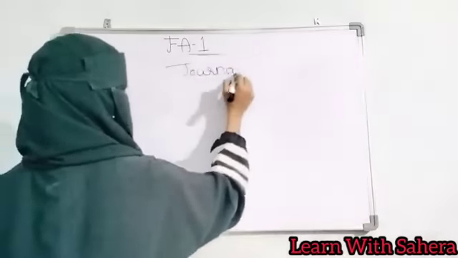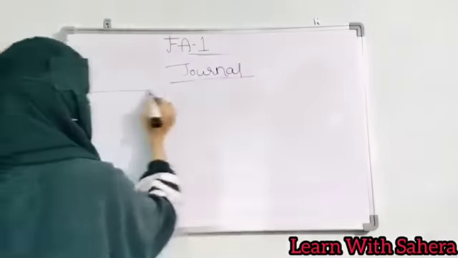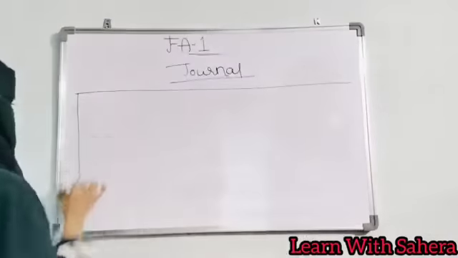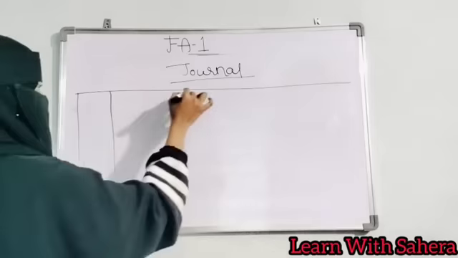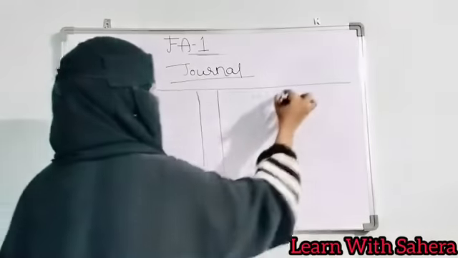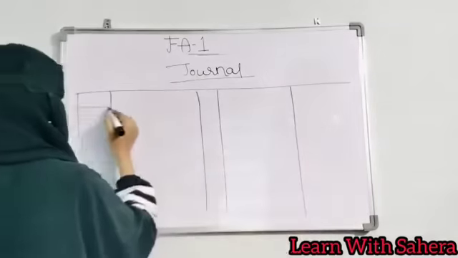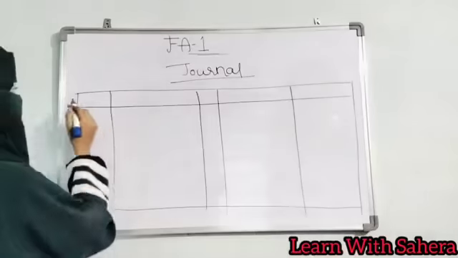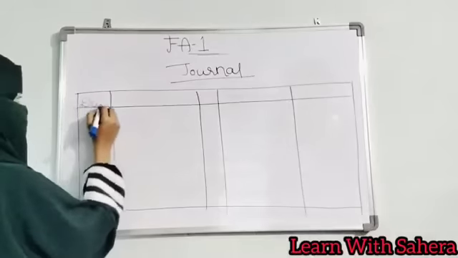This is the proforma, children. Journal. It will be a box like this. So, it is your date.